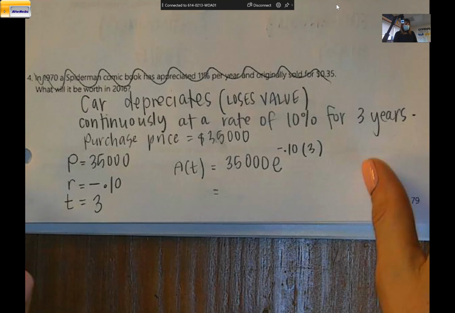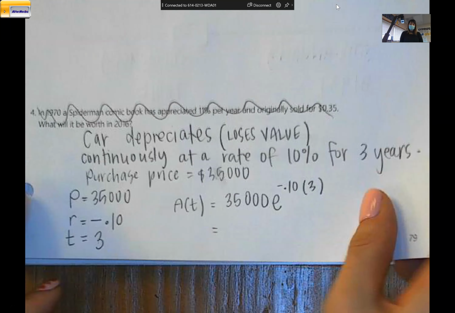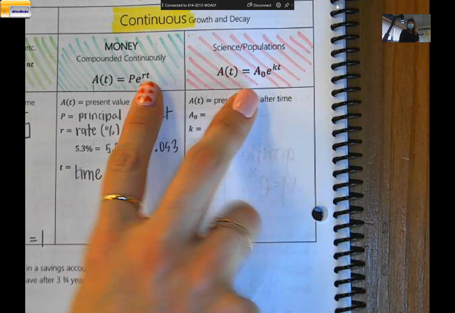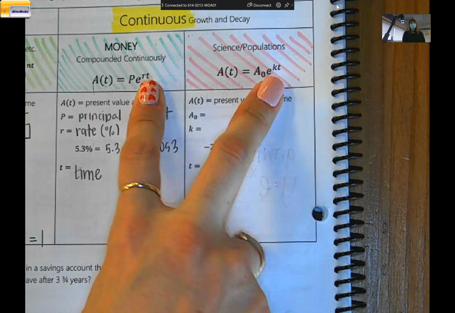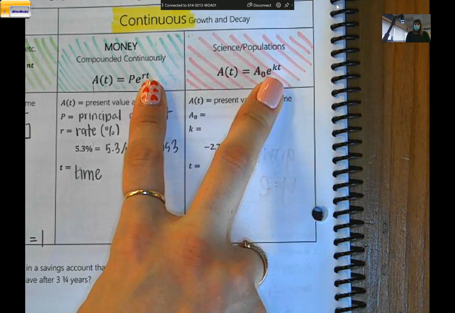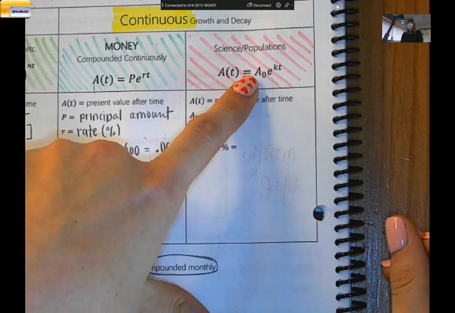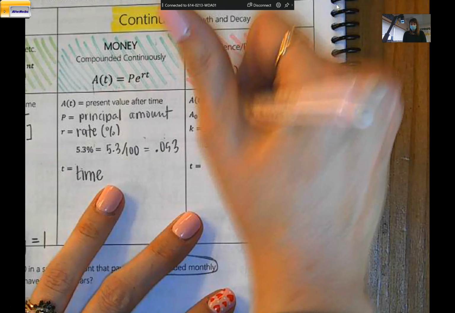Okay, so we have one more kind of problem, and that's for science problems. But remember, these formulas are the same. The only thing that's different is the letters. So instead of having P for your starting amount, A sub 0 is now your starting amount.